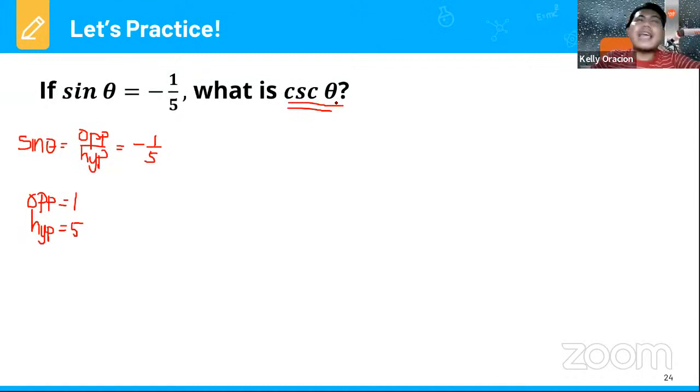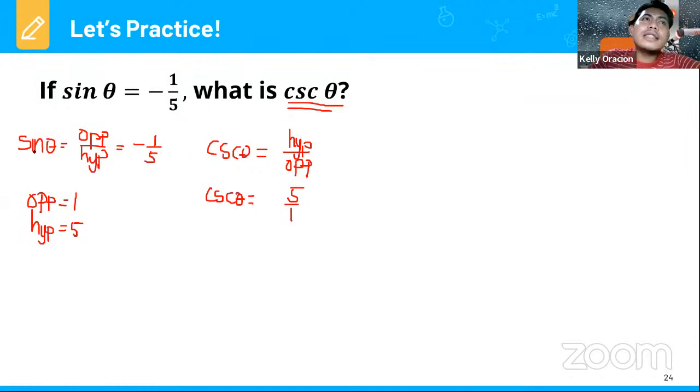Now, the question is, what is cosecant theta? Cosecant is hypotenuse over opposite. So, the hypotenuse is 5 and the opposite is 1.